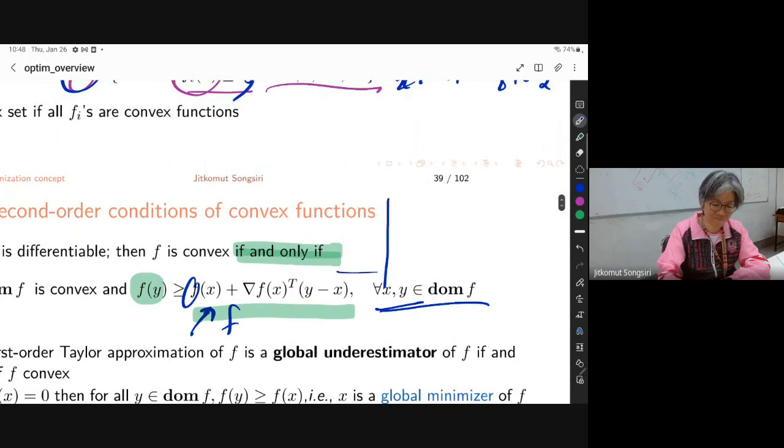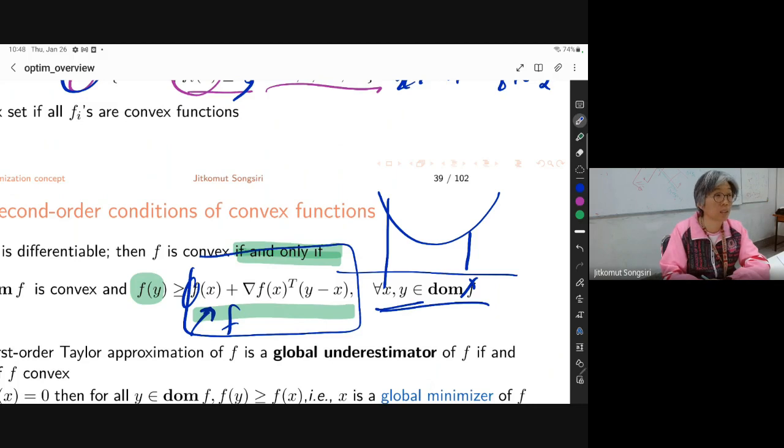Graphically, this is your f(x). Suppose this is the point x. The right hand side is my tangent line, whose slope has to be the same as the gradient of my graph.